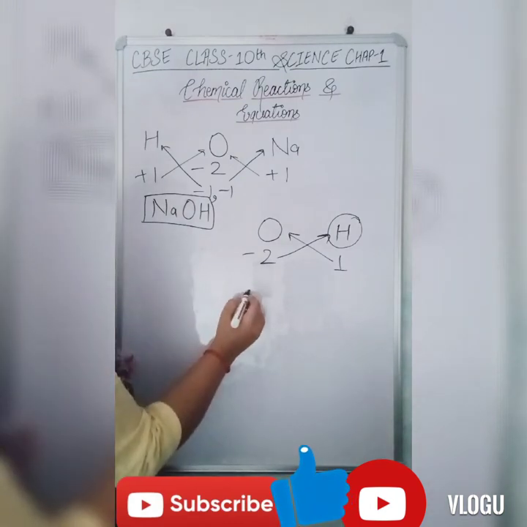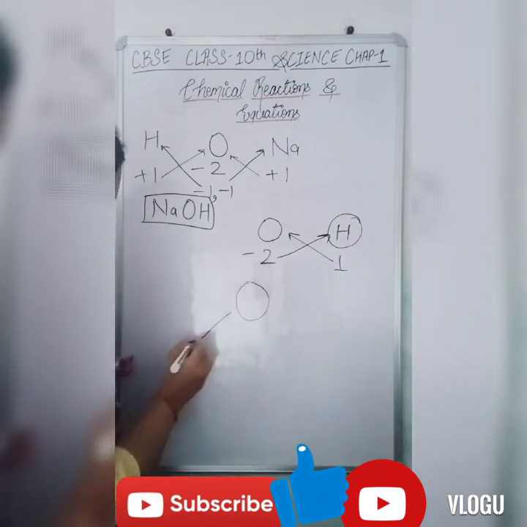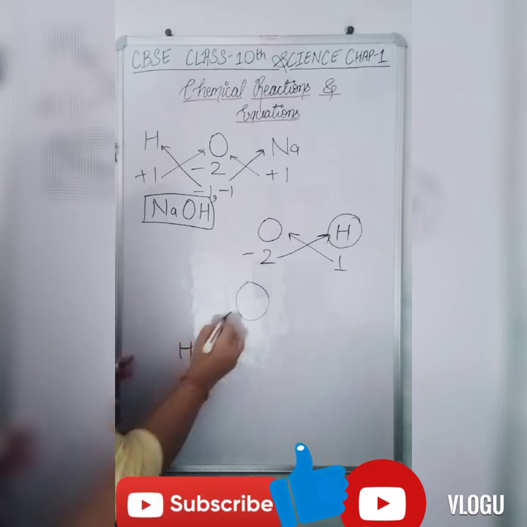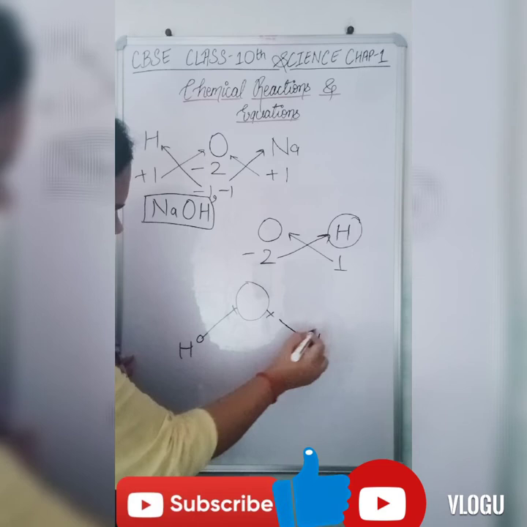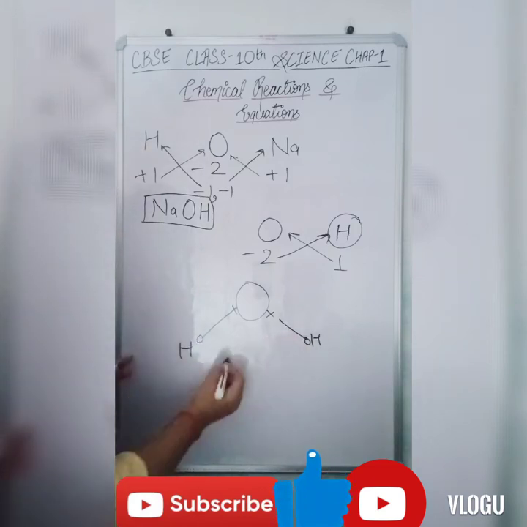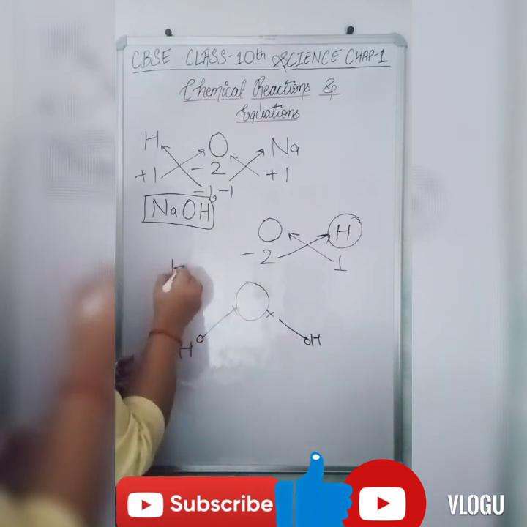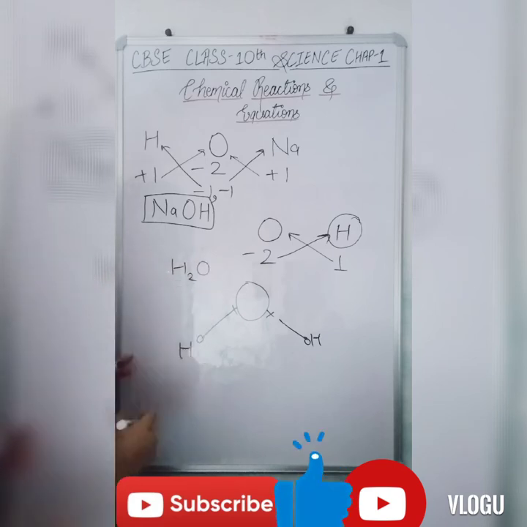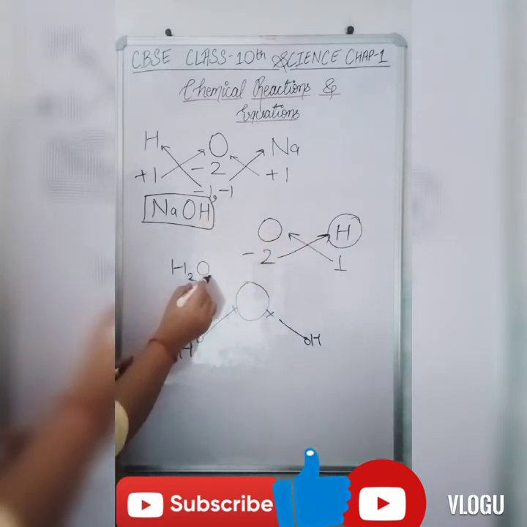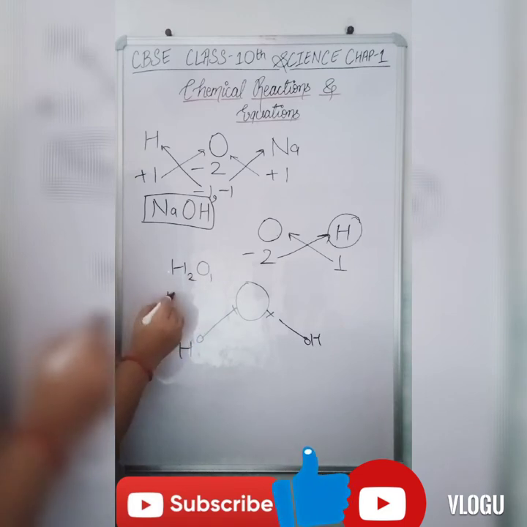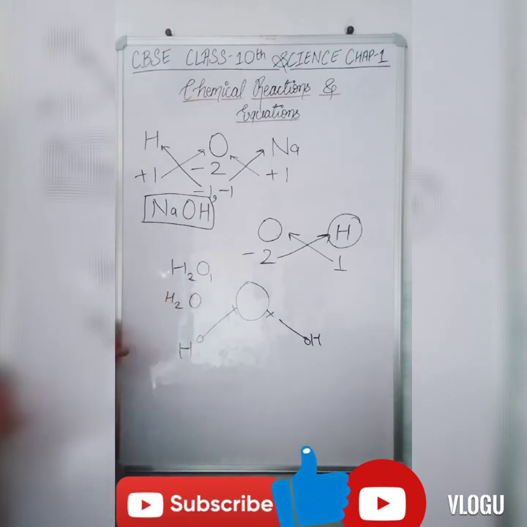So it will be like this. This will be the diagram, and the formula will become H2O, because this 2 will go here, this 1 will go here, and it will be written as H2O1, but it is better to write it H2O. Symbols are not used in writing molecular formula.